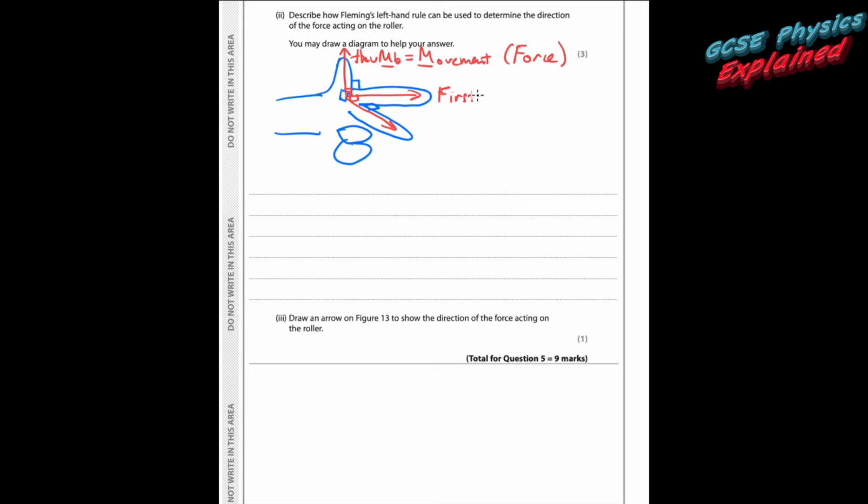The first finger shows you the field, as in the magnetic field. Knuckles would be north, fingertips would be south. So the magnetic field always points from north to south. And the second finger shows you which way the current is flowing. And that would be conventional current from positive to negative.